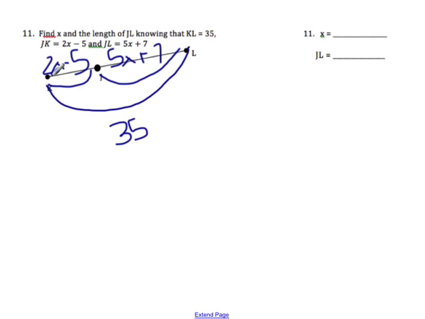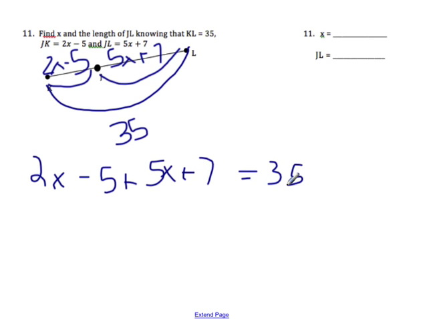So you'll notice that JK and JL are all the way filling KL. That means that 2x minus 5 plus 5x plus 7 is going to be equal to 35. So 2x plus 5x is 7x.